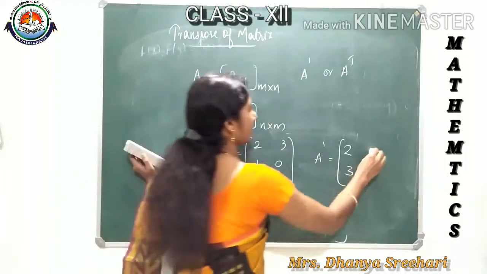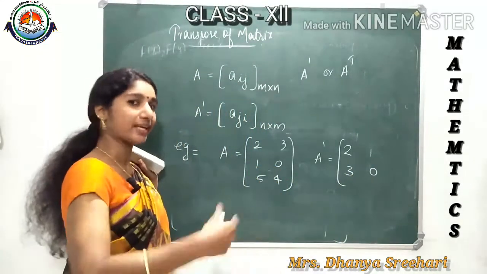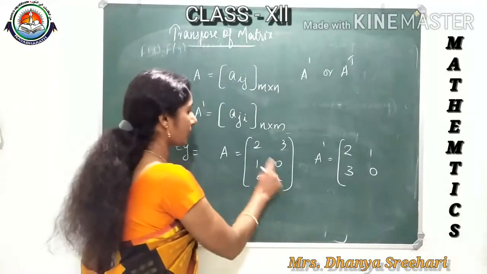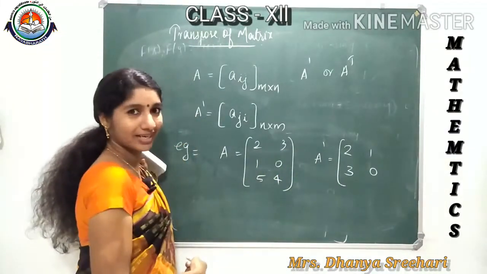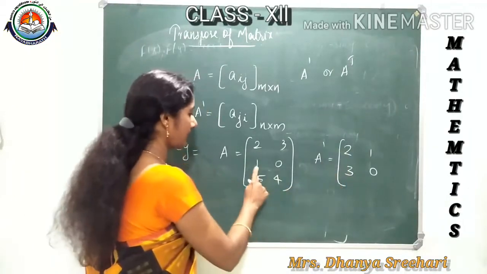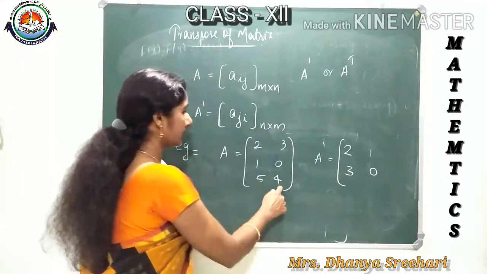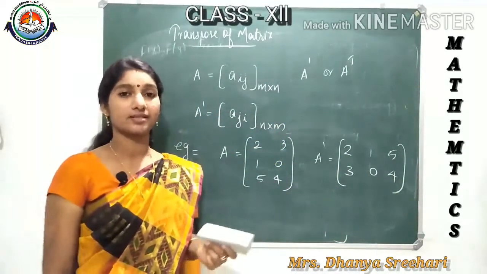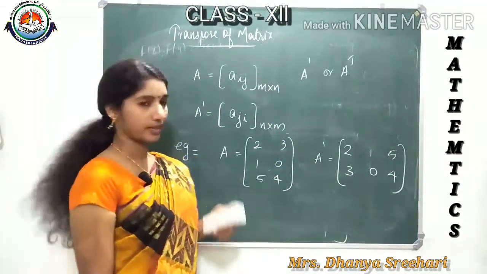Second row we are changing as second column. That is meant by interchanging the rows and columns. So rows become columns. Clear? So first row becomes first column, second row becomes second column, third row becomes third column. Now we got a new matrix. That matrix is called the transpose of this matrix.